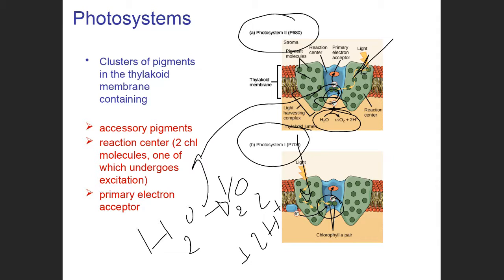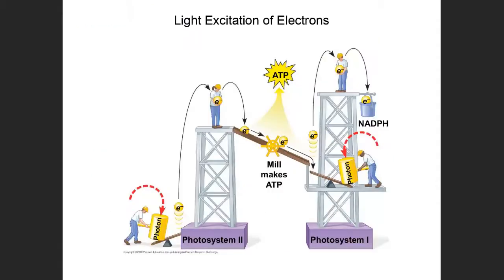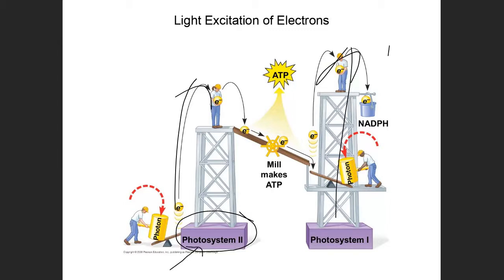So now I'm going back to my little workout over here. To cover this loss of electrons that's gone over here, and this loss of electrons that's gone here, this one will accept electrons coming from splitting the water. What about this guy? Where did he get his electrons from?